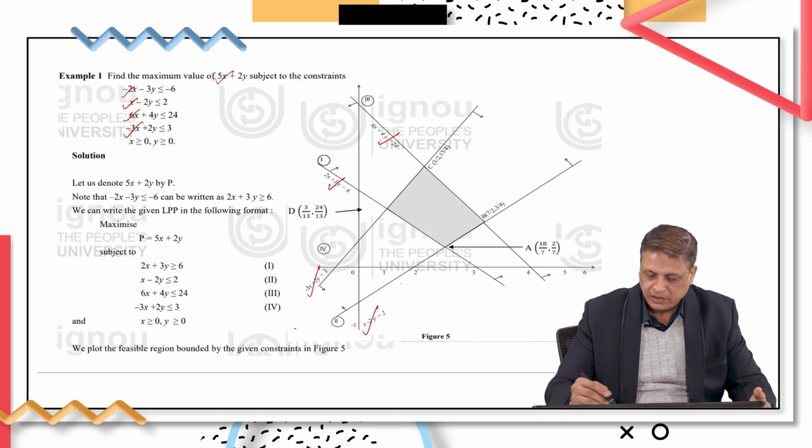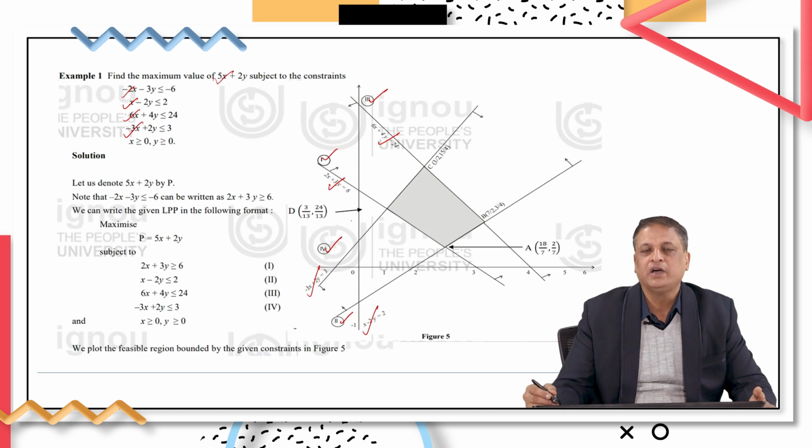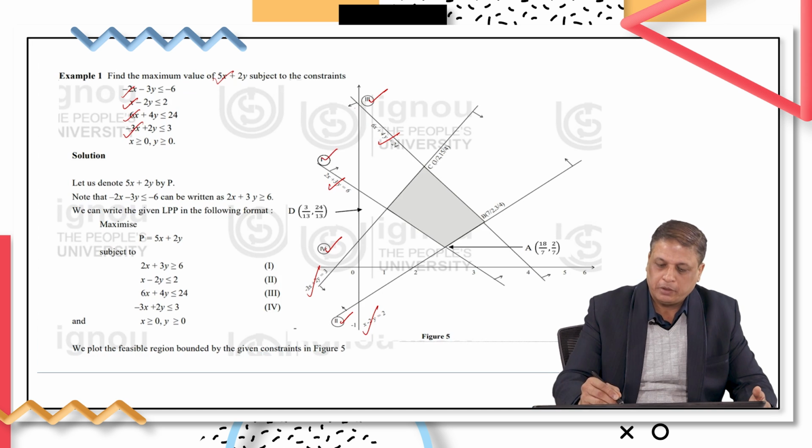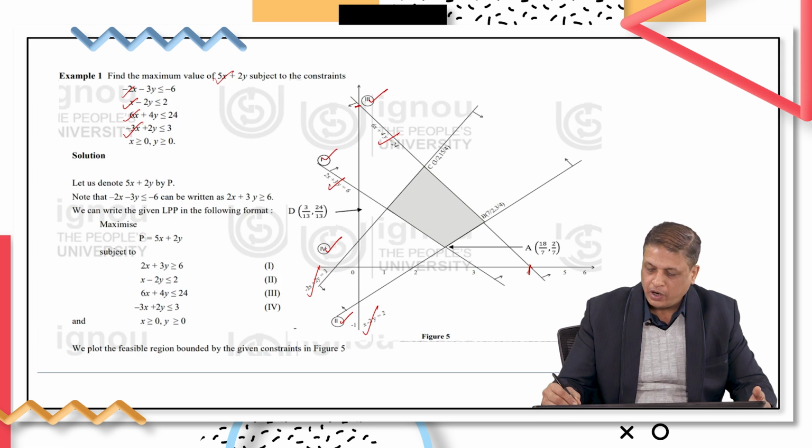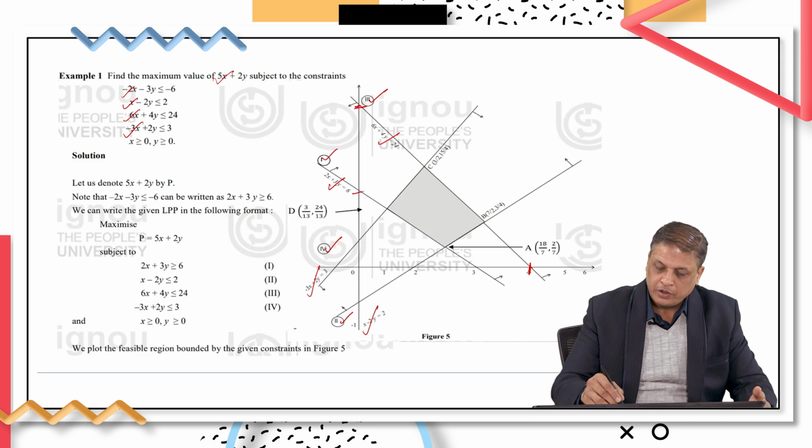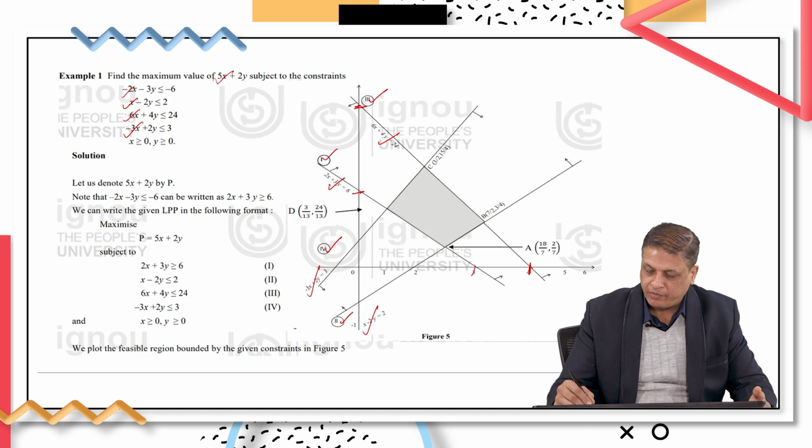These lines are represented by equation number 1, equation number 2, equation number 3 and equation number 4. As we had done in our earlier session, we determine the points of intersection, that is the x intercept and the y intercept, and by joining the x intercept and y intercept, we draw the lines.